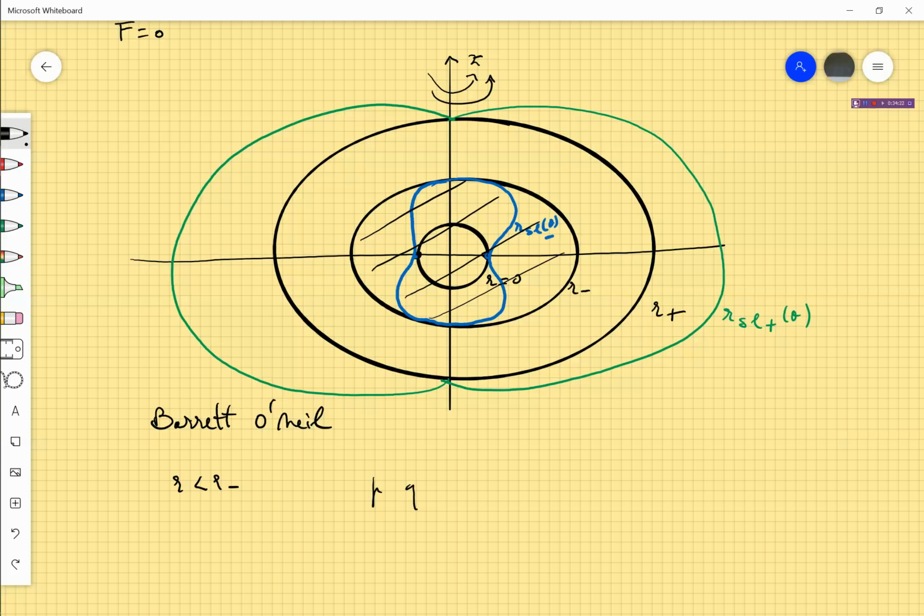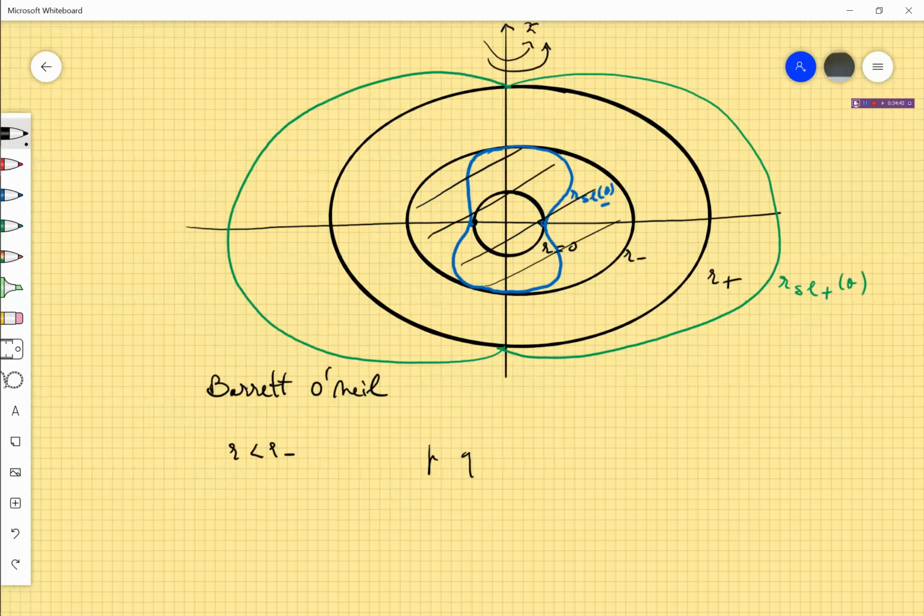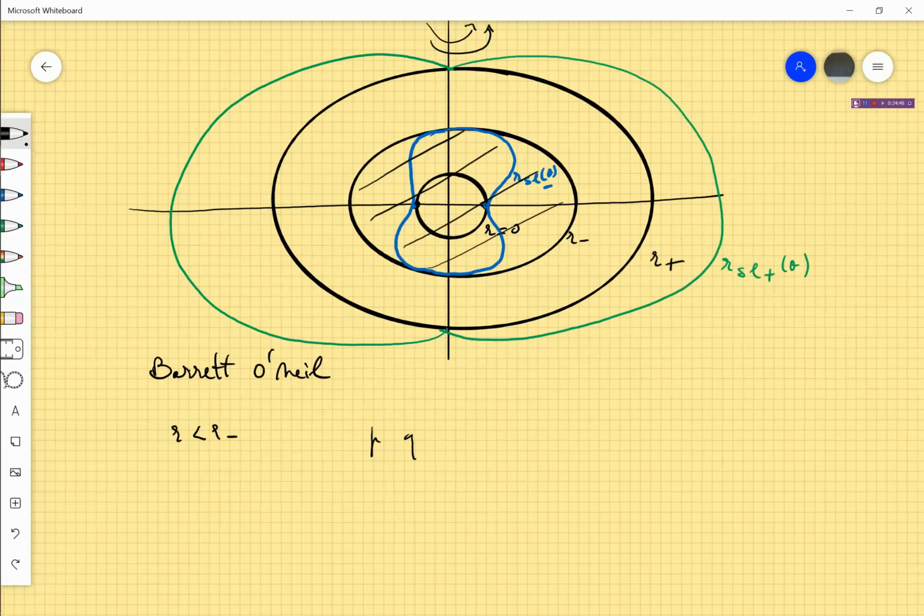This means that there will also be a future pointing time-like curve going from Q to P. This means that this whole space-time is sick. You cannot time-orient it or anything, okay? And you can construct time machines and do all kinds of crazy things. This is one additional reason why you may want to get rid of all this region inside of R minus.